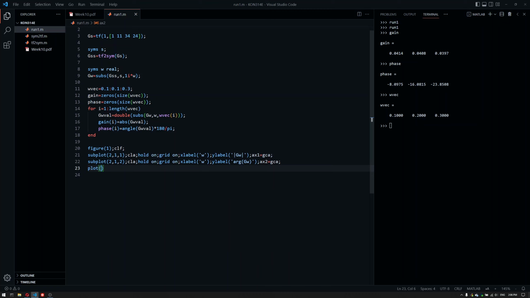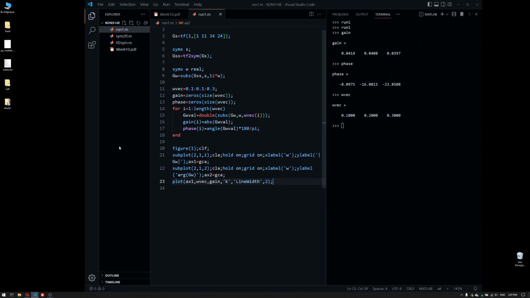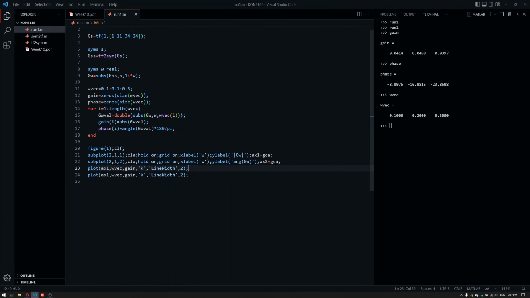So what we can do is plot on top of ax1 omega vec, gain, maybe a certain color, and a line width. Then on ax2, the phase, and there we go.